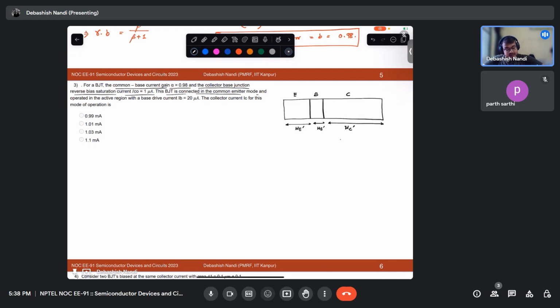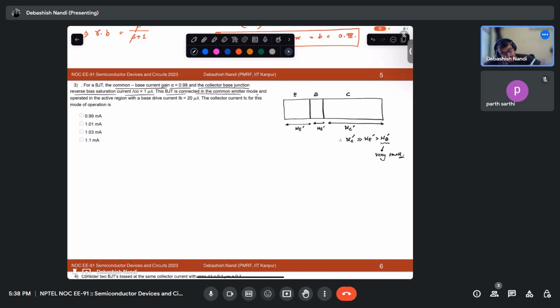Okay. Generally your WC dash will be much greater than your WE dash, greater than your WB dash. So this will be very small. Okay. So the proper way to draw a BJT in current scenario is like that.